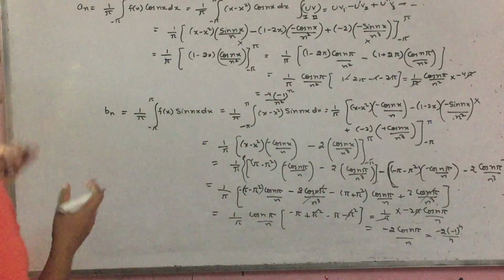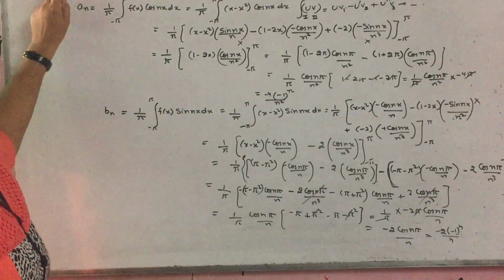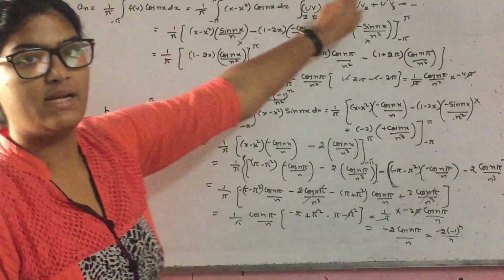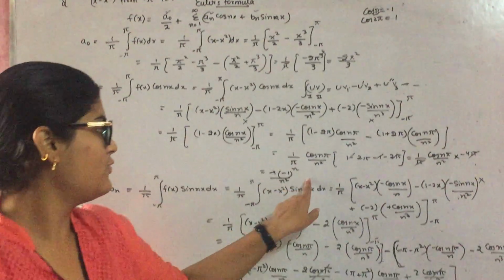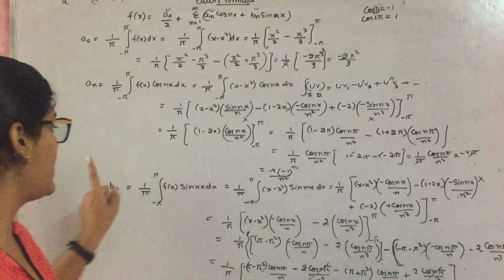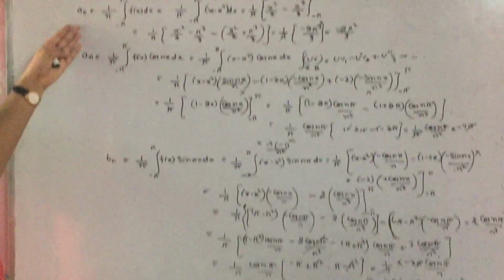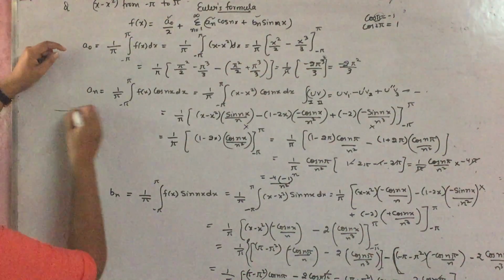Now you have all the three coefficients. What? A naught as minus 2 pi square by 3, an as minus 4 minus 1 raised to n by n square, and bn. Now substitute all these values into it. How? Let's see.